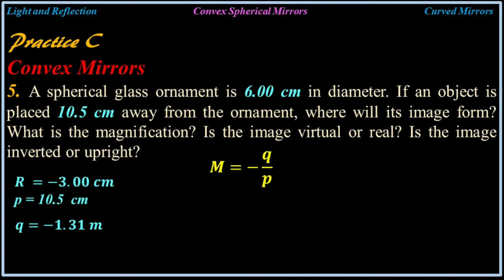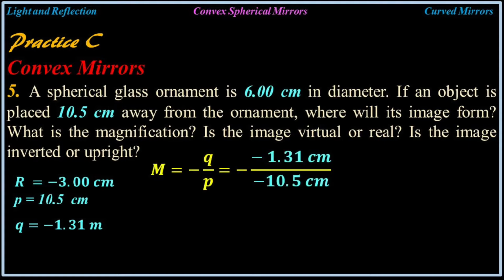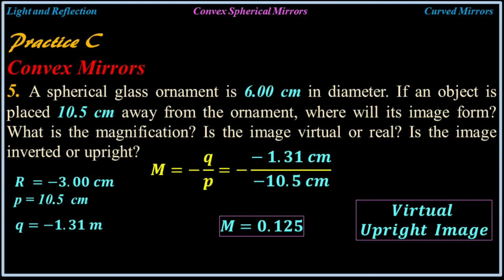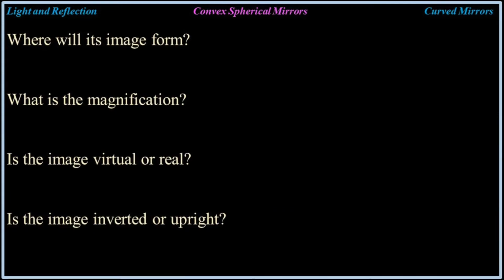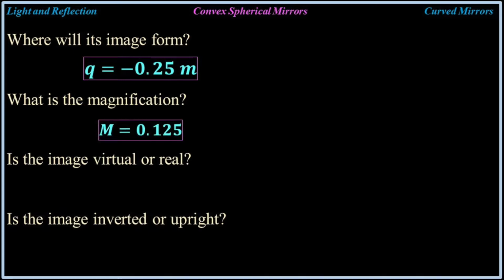Now we're going to do m. 0.125, so it'll be a small image, virtual and upright. Here is the summary. Virtual, and it'll be upright.